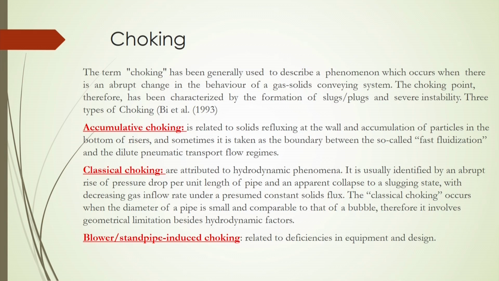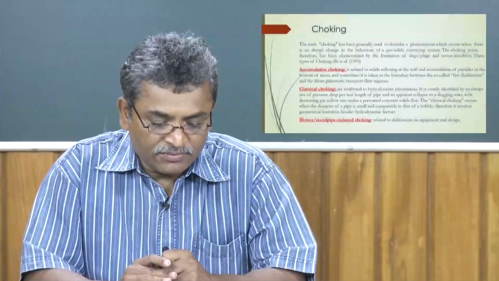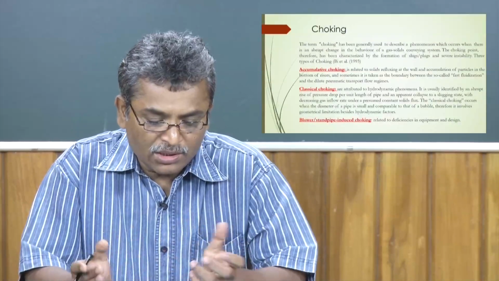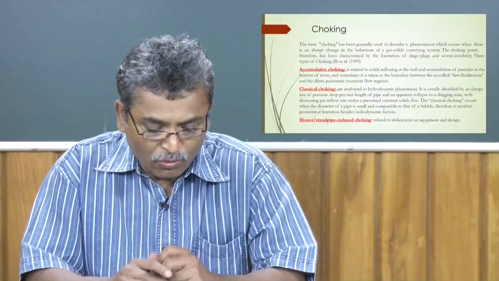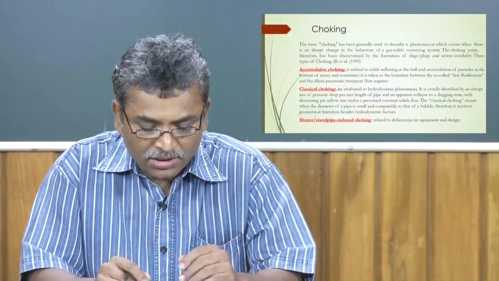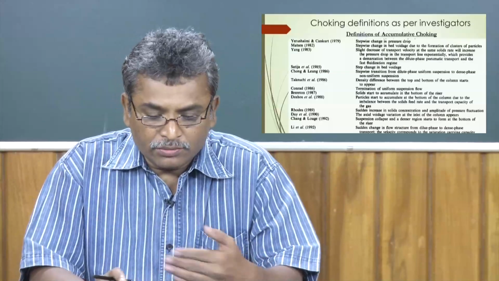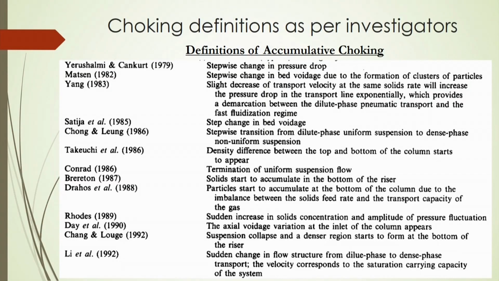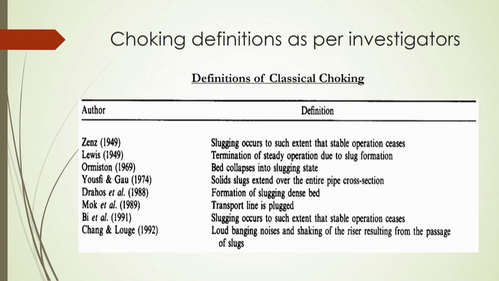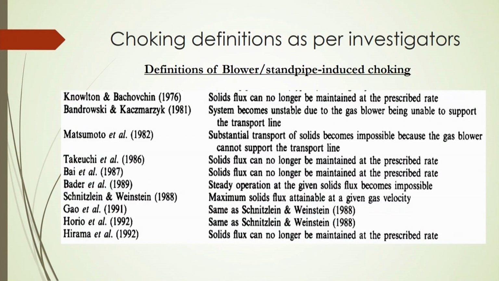Three types of choking are generally observed in fluidization operation: accumulative choking, classical choking, and blow-through or standpipe induced choking. Different chokings will give you different phenomena, and there are various definitions of choking observed in the fluidized bed.